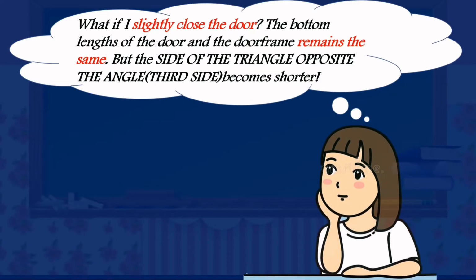"What if I slightly close the door? The bottom length of the door and the door frame remains the same, but the side of the triangle opposite the angle, which is also the third side, becomes shorter.